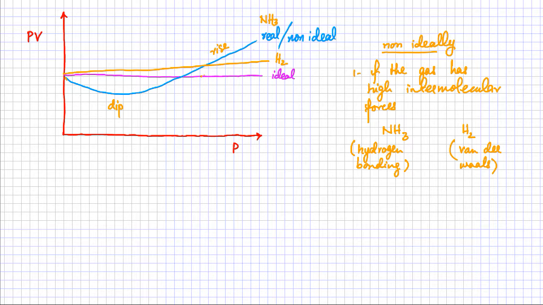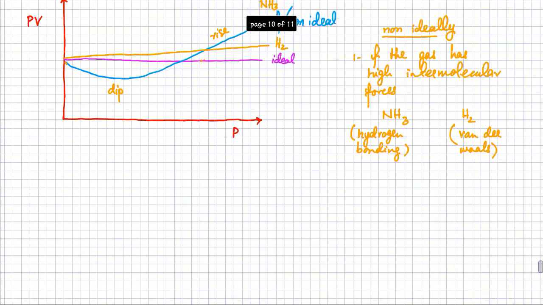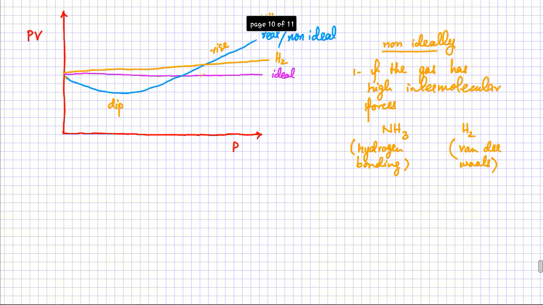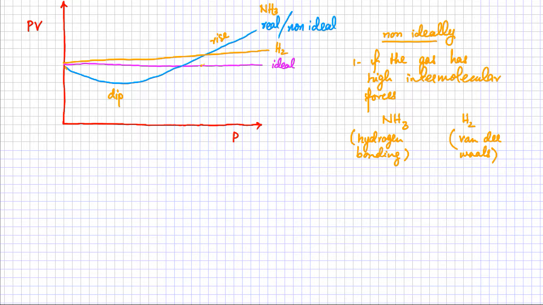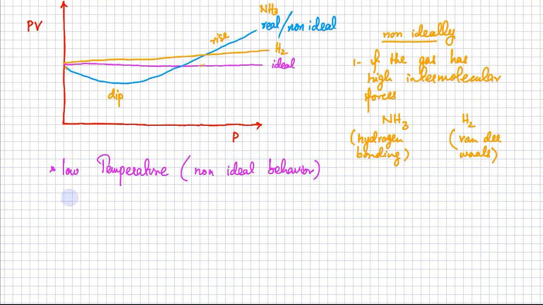Now, the second condition in which a gas would behave very non-ideally is low temperature. When a gas is at low temperature, it's going to have a very non-ideal behavior. The reason being that at low temperatures, particles have very little kinetic energy.